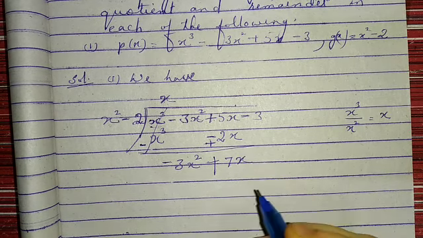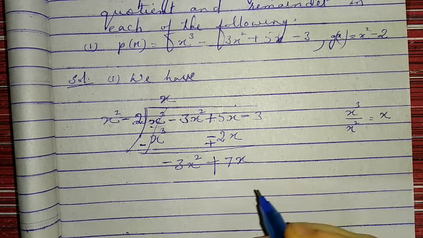So write here 7x minus 3. Now, how will you make x square equal to minus 3x square? So, divide minus 3x square by x square. What are you getting? x square cancels, only minus 3 is left. So, divide by minus 3. Write here minus 3.